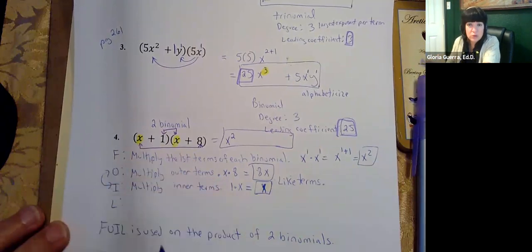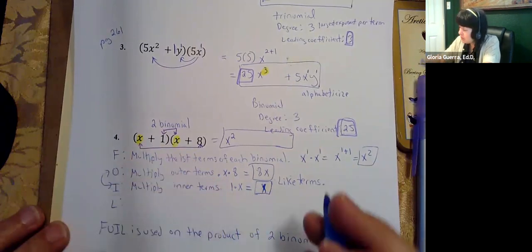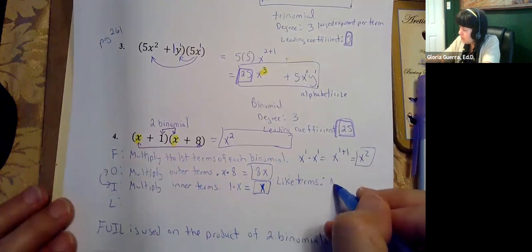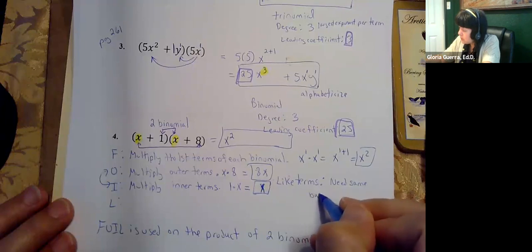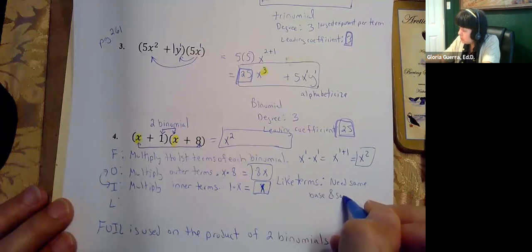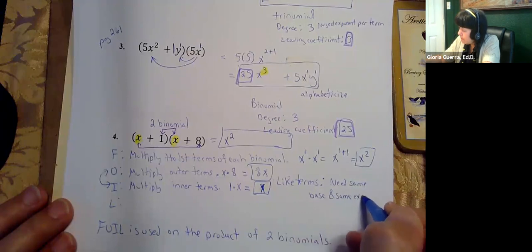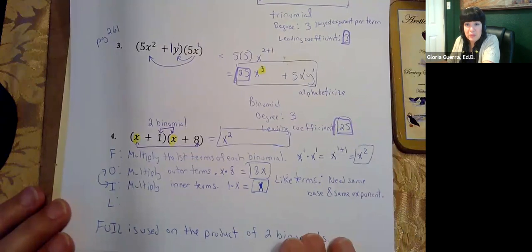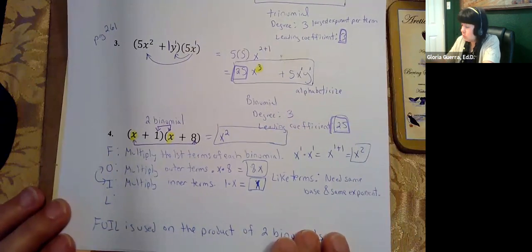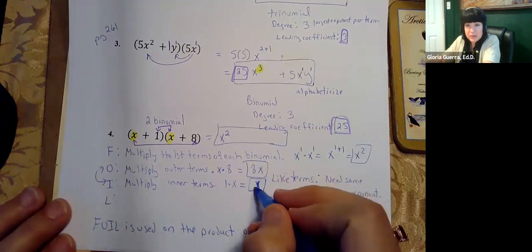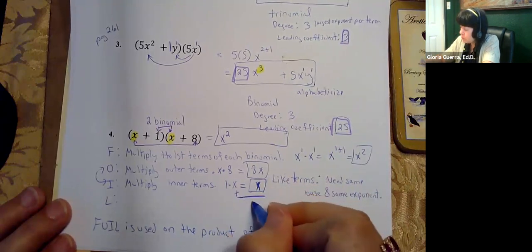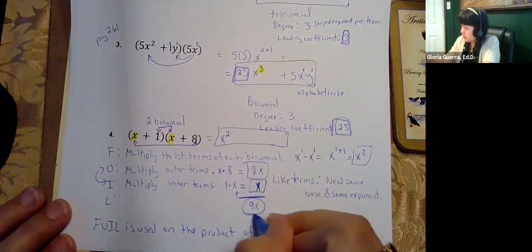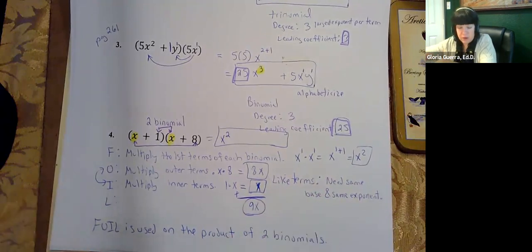And like terms need the same base and the same exponent. So 8x and x, if I add those up, total 9x. So those are part of your answer.